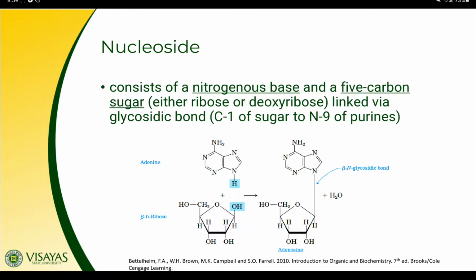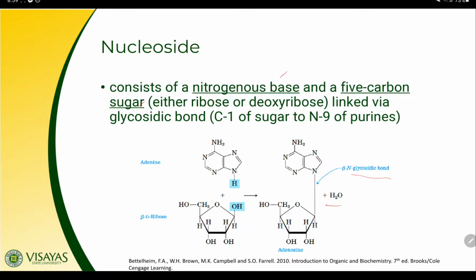Again, a nucleoside consists of a base and a 5-carbon sugar. For purines, carbon 1 here is linked to the N9. In forming this bond, which we call a glycosidic bond because we have our sugar molecule, water is released.